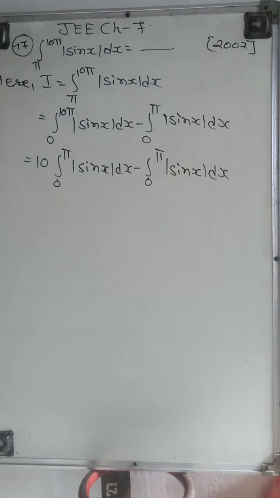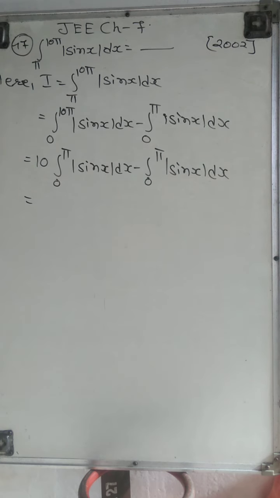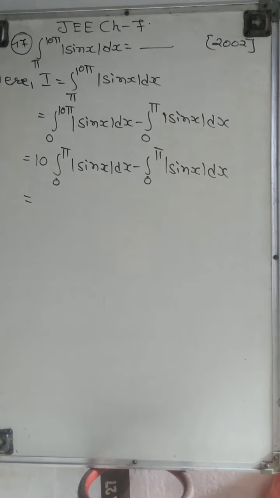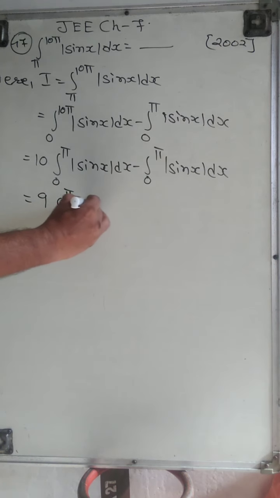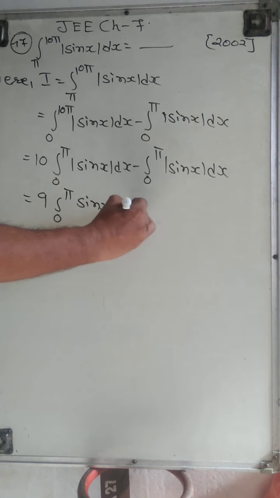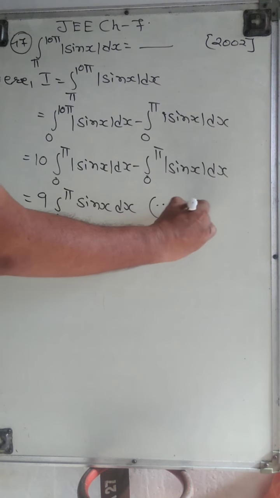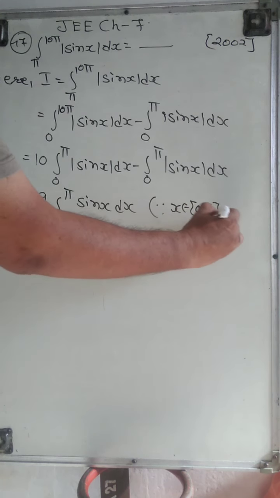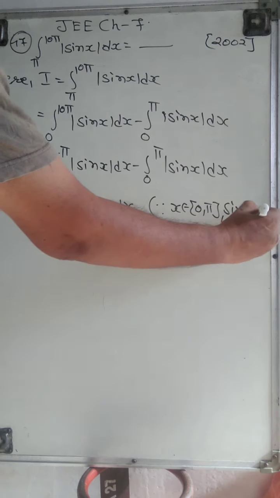Now we know that from 0 to π, in both quadrants sine is positive. So directly we put here 9 times the integration of 0 to π of sin x dx, because we know that when x belongs to 0 to π, sin x is greater than 0.